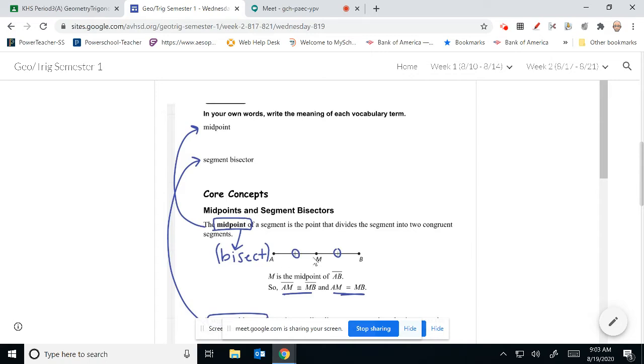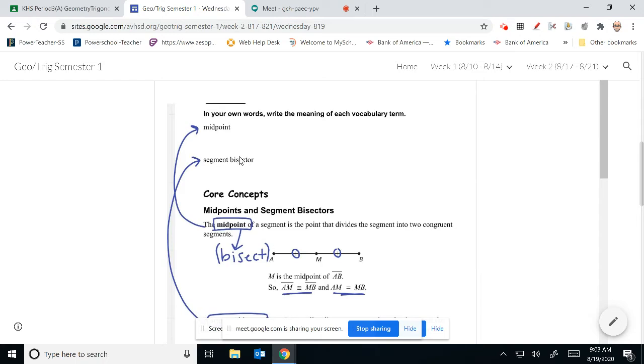You've got a dot here and tick marks on each side because that means they're equal pieces. Tick marks are another way to say congruent or equal. If I put tick marks on 2 things, that means they're identical. So AM is congruent to MB there because the midpoint cuts it exactly into 2 equal pieces, exactly in half.